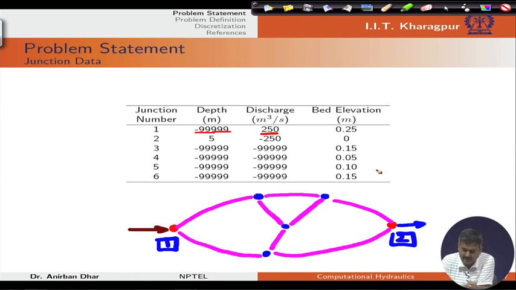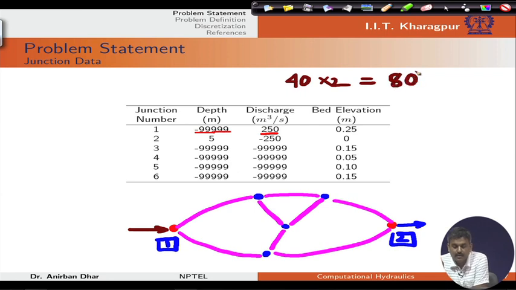Now, in this case we have a total of 40 sections from all channel reaches. For 40 sections, we will get 40 into 2, that is 80 unknown values, that means y and q.